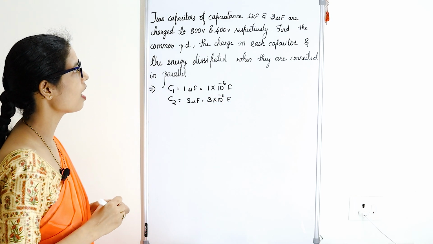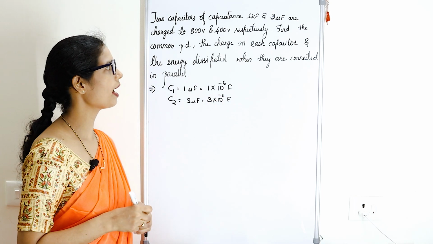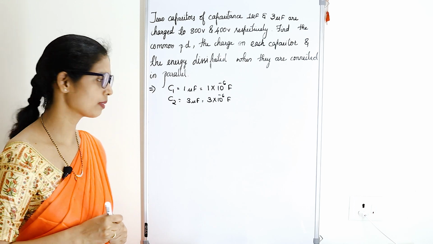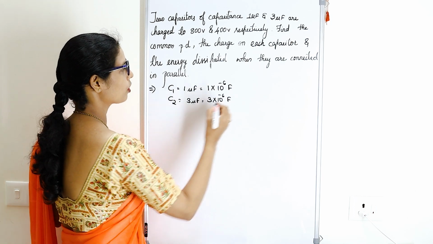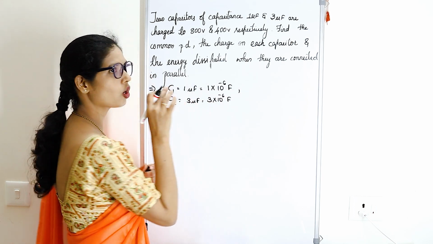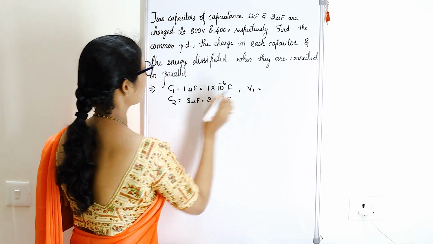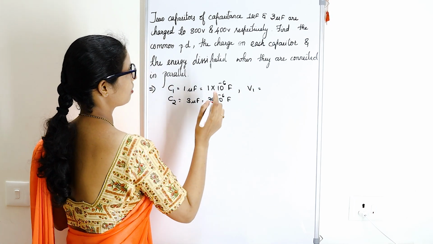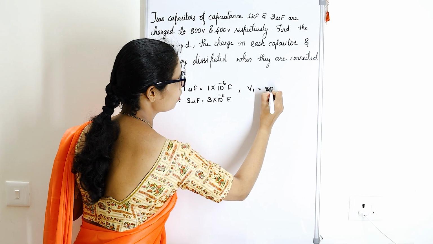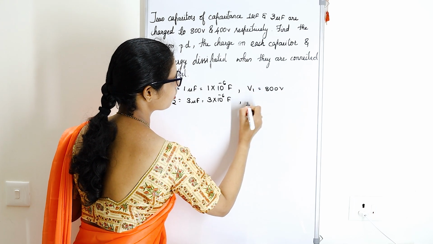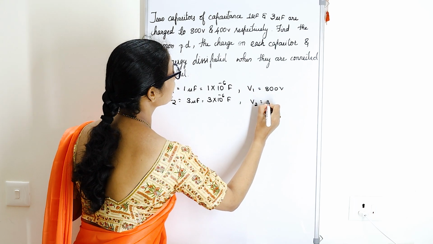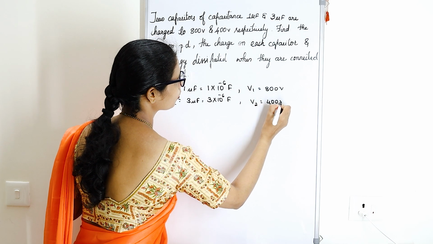These two are charged to 800 volt and 400 volt respectively. So they have given the potential difference across each capacitor as well. The potential difference across the first capacitor is 800 volt and across the second capacitor is 400 volt.